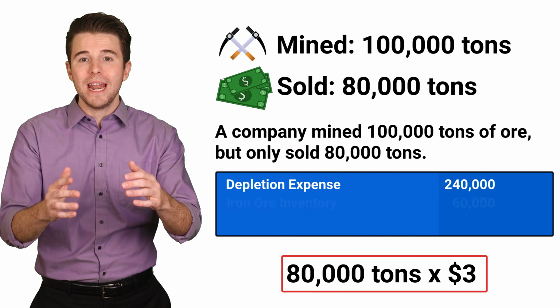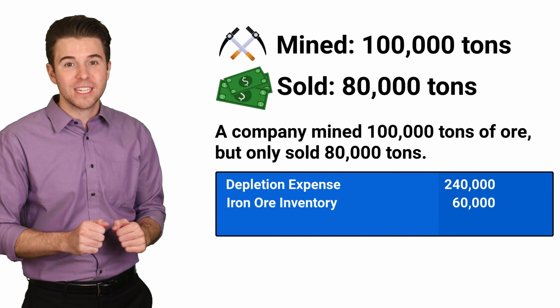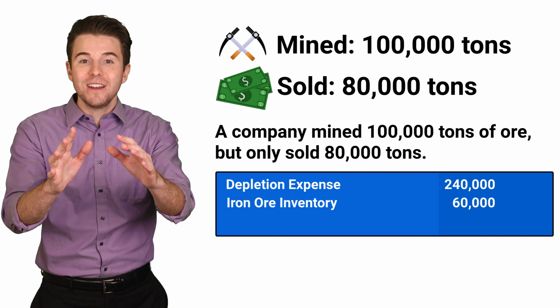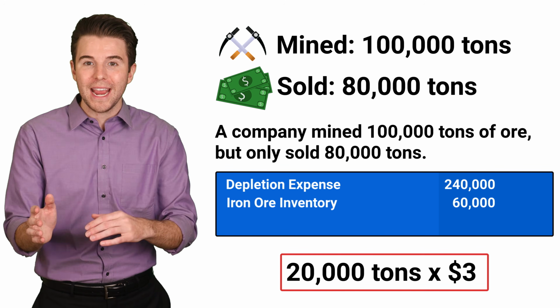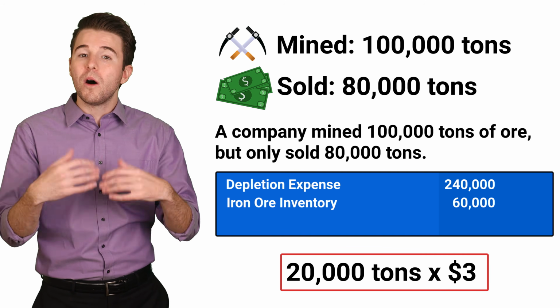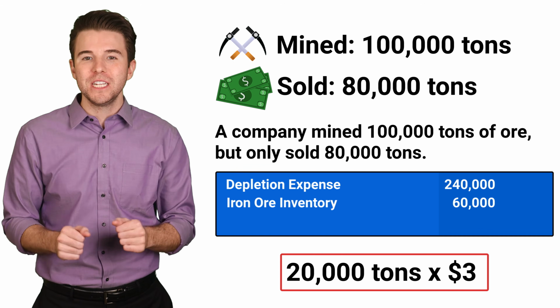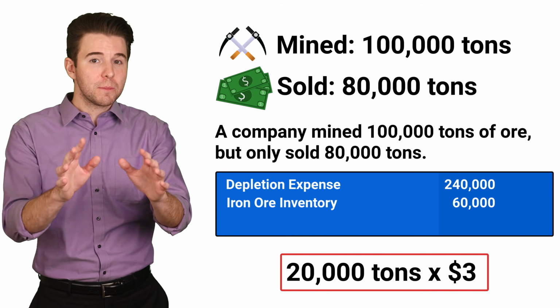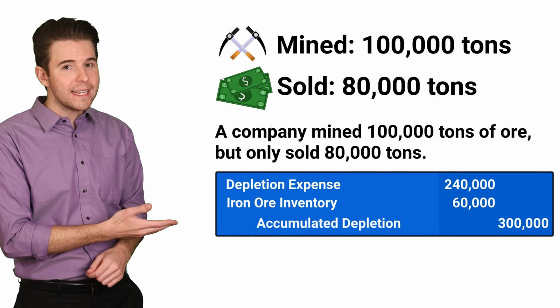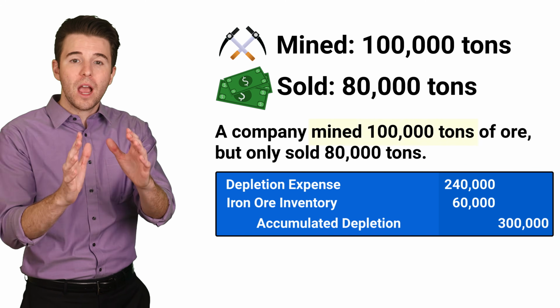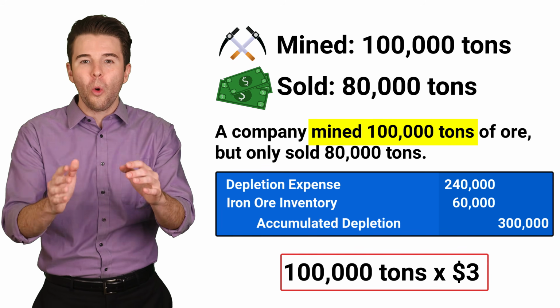We also debit iron ore inventory for $60,000, which is computed as the 20,000 tons mined, but not sold, multiplied by $3 of depletion per unit. Similar to the previous entry, we credit accumulated depletion for $300,000 for total ore mined.